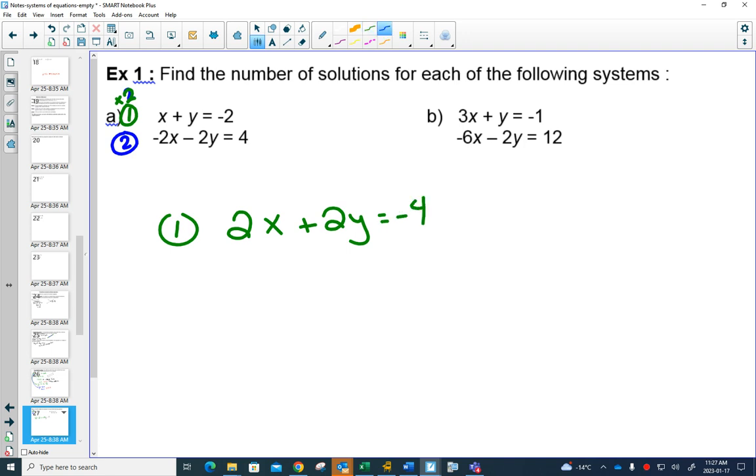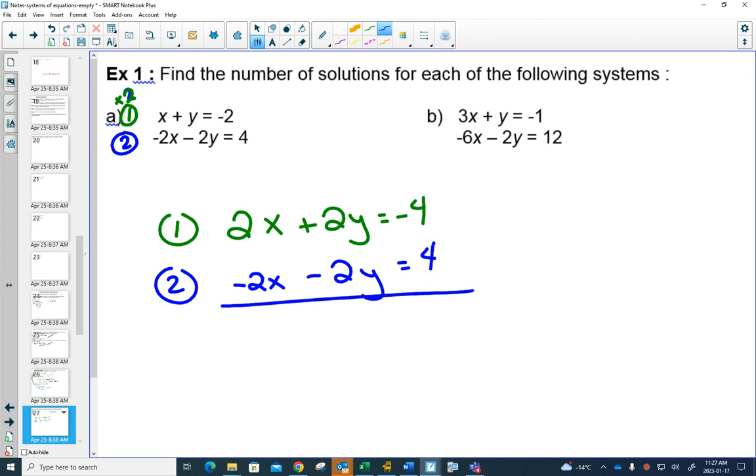And equation 2 is minus 2x minus 2y equals +4. If I add things together, 2x minus 2x, 0. 2y minus 2y, 0. -4 plus 4, 0. Whoa. 0 is equal to 0.